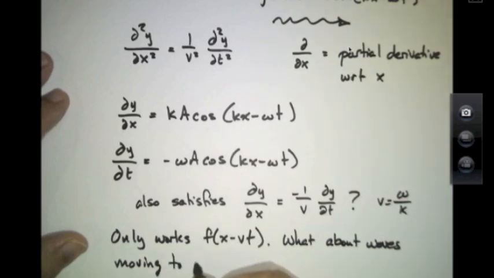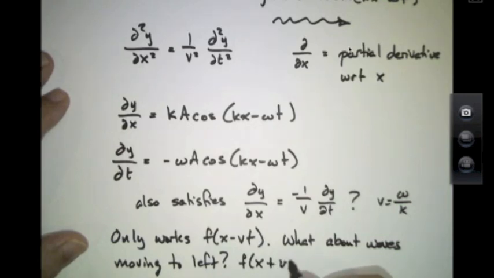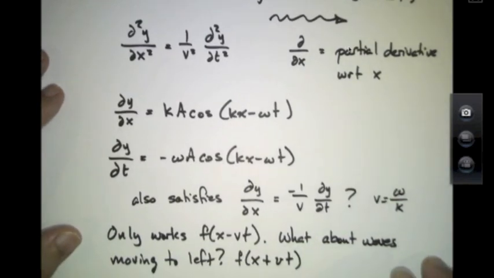But if you wanted to describe a traveling wave moving to the left, this would be described by a general function f of x plus vt, and implies that we would need a wave equation with something like this.